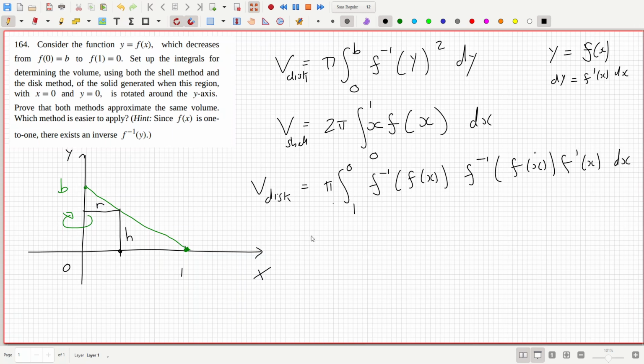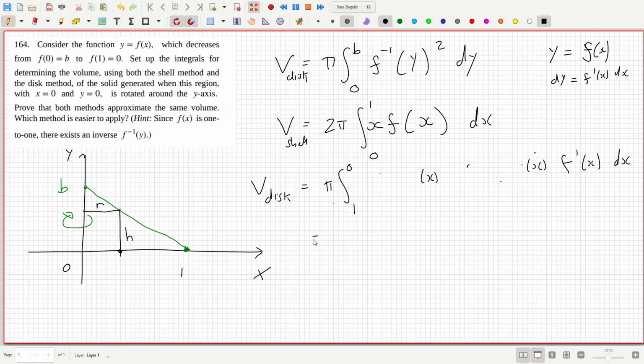Oh, well, they cancel actually. So that makes an x. And they cancel. So that makes an x.